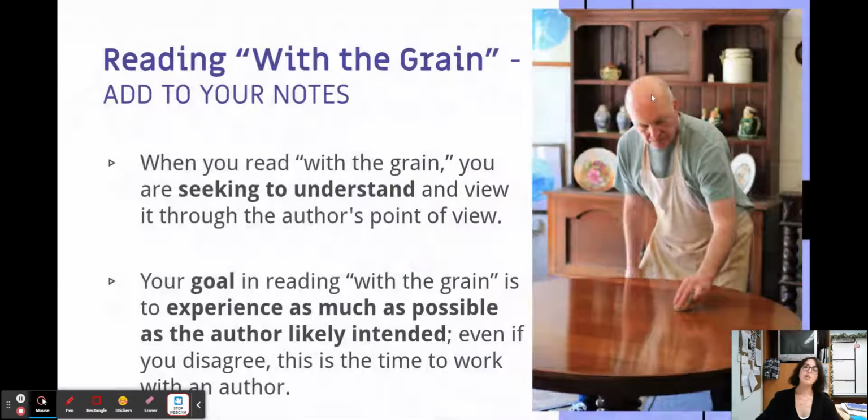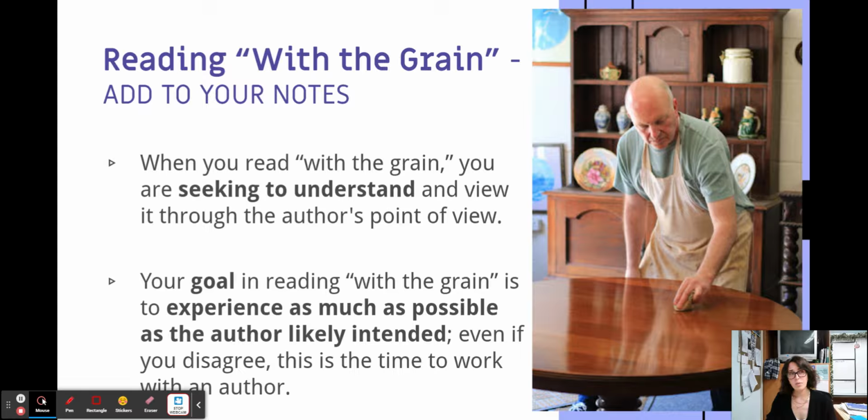So moving on. This is the during part, right? This is phase 2 of our annotating process, and it is reading with the grain. So I want you to think, because this is what they're referring to when they say with the grain or against the grain, they're referring to woodworking. So when you're sanding something down or you're working with wood, going with the grain, with how the wood is naturally flowing, that is easy.